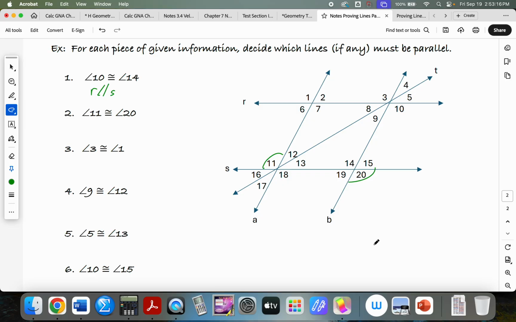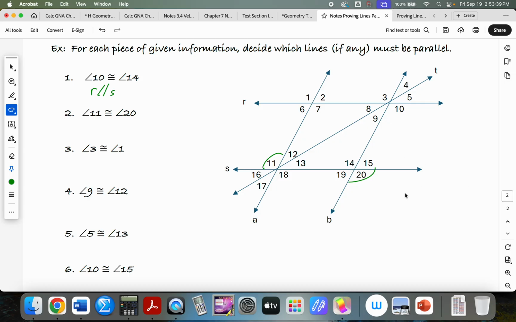The hardest part on some of these is seeing what kind of angles they are. And if you have trouble, let me suggest that you just draw the lines that you need. What 2 lines do you need for angle 11? I need S and, do I need T for angle 11?